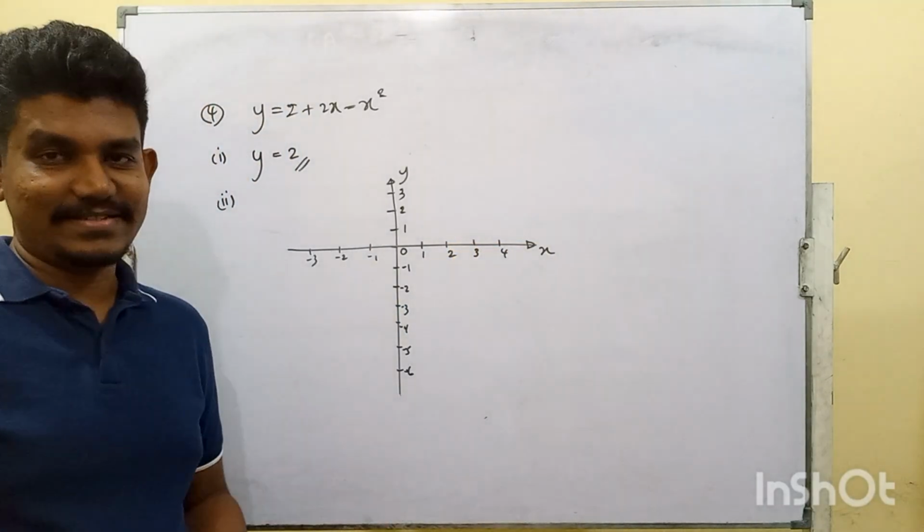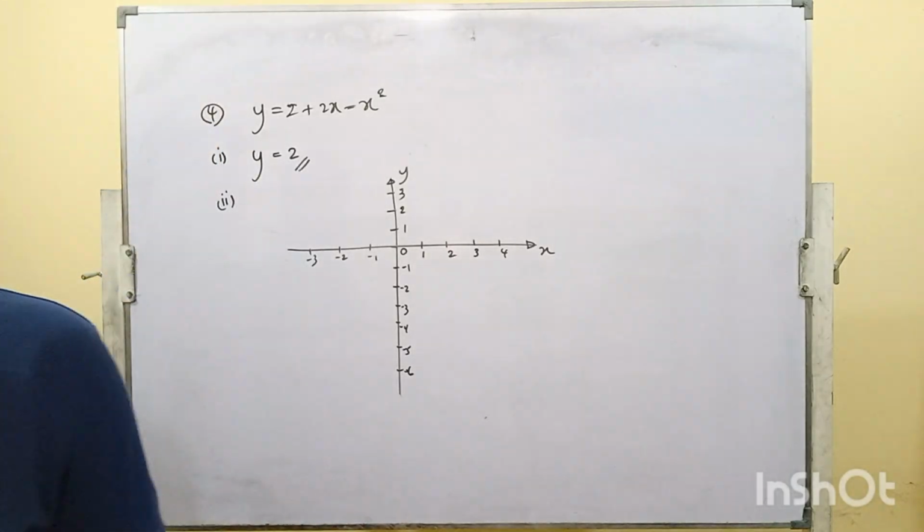These are the X and Y axes, so this is the Cartesian plane. Then we have to plot the points.